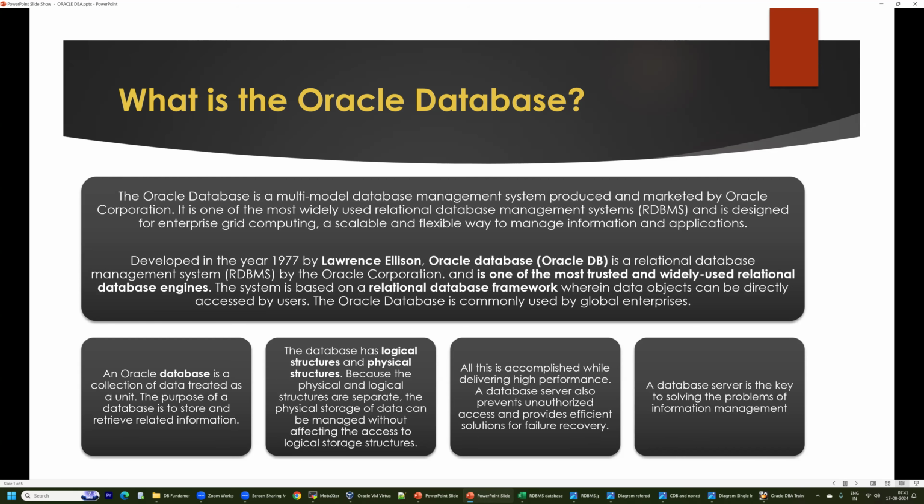Basically, Oracle database can be defined by two different structures: a logical structure and a physical structure. We are going to discuss more on this in the database architecture part, so as of now I'll just give brief information. If we create a database, multiple table spaces get created. A table space is like a small container that will hold the data.